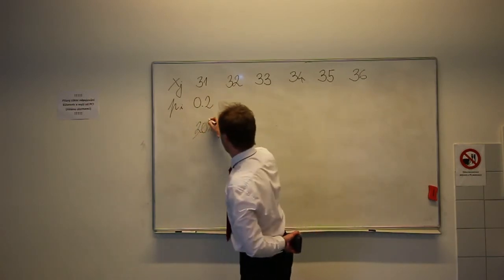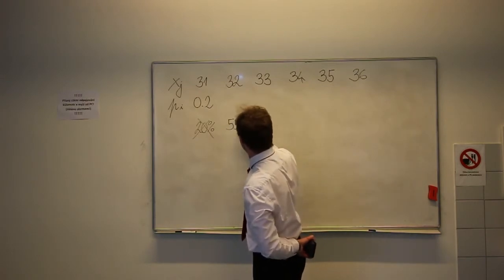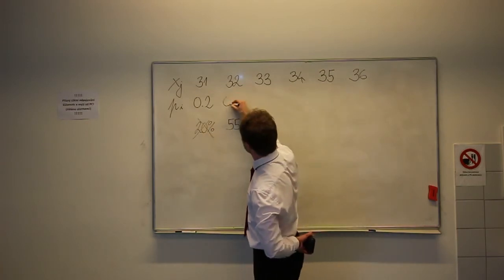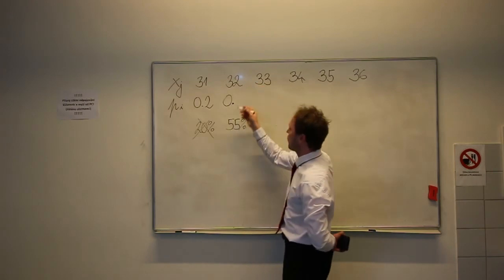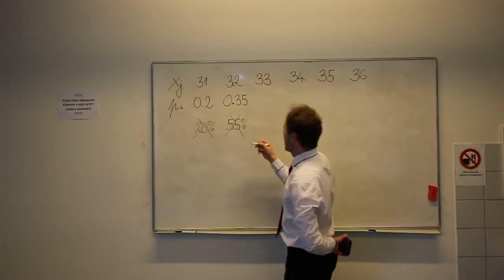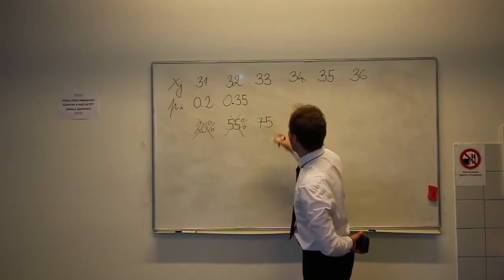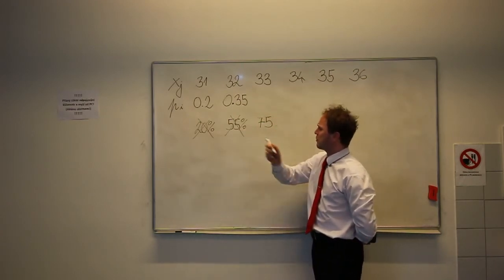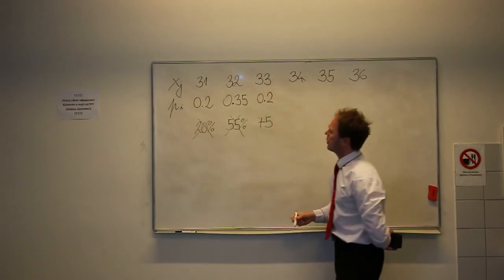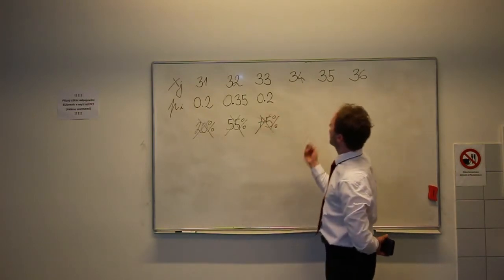Then there was cumulative frequency 55%. So 55 minus 20 is 35%, but the relative expression of 35% is 0.35. And we can continue. Another cumulative frequency, 75. 75 minus 55 is 20, and 20 in relative expression is 0.2.